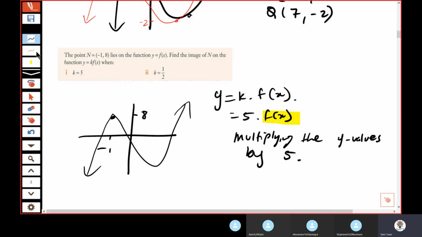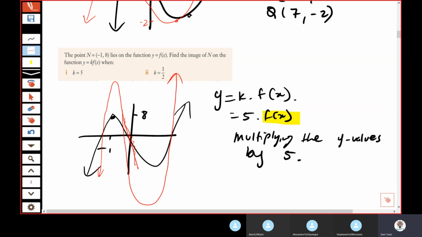But your x values are not changing, so all that's going to happen is this. That should have been lower. And it's still going to have the same x-intercept. So it'll look more like this.